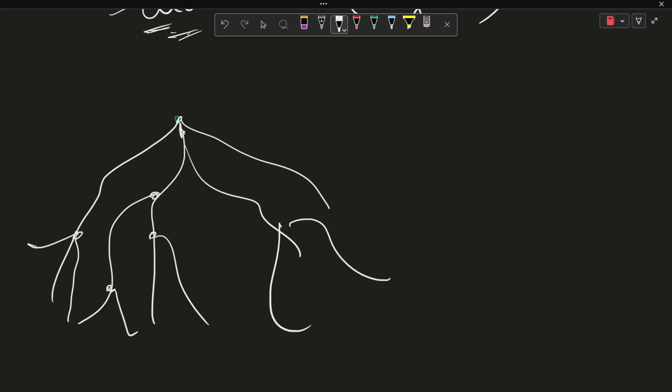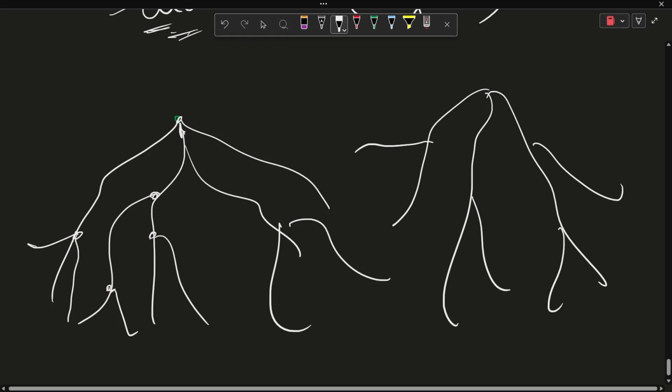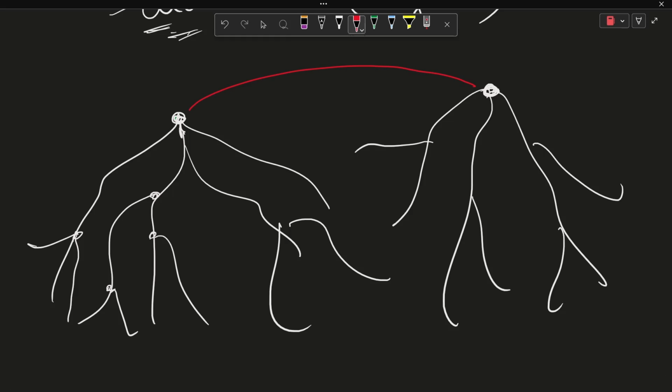Now, if you have some general tree and some other general tree, and I am connecting these two nodes, I'll just recreate each tree by making that node the root. For an undirected tree, you can make any node the root of the tree.